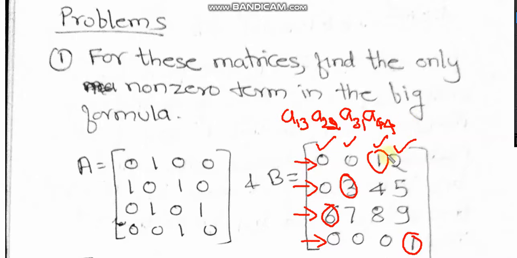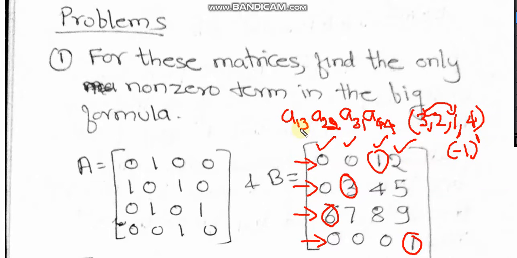What is the determinant? The order is third column, second column, first column, and fourth column. If I want to arrange these, I have to change only one exchange. If I exchange this 1 and 3, I'll get 1, 2, 3, 4. So minus 1 raised to the power of one exchange.